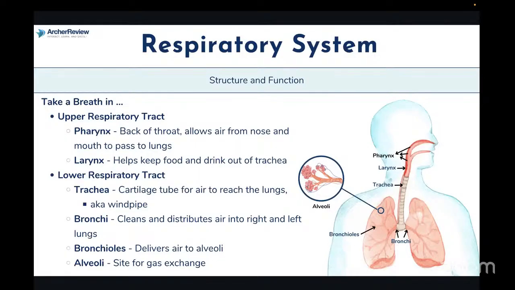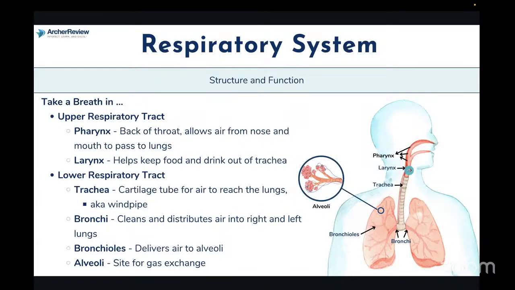The larynx helps to keep food and drink out of the trachea, all right? It's like a gateway system. It's going to make sure that the food doesn't go down into the trachea, because we want air. We don't want food and drink to get down into that lung. So we want to make sure only air gets there, and the larynx is a gatekeeper to help make sure that we separate those things.